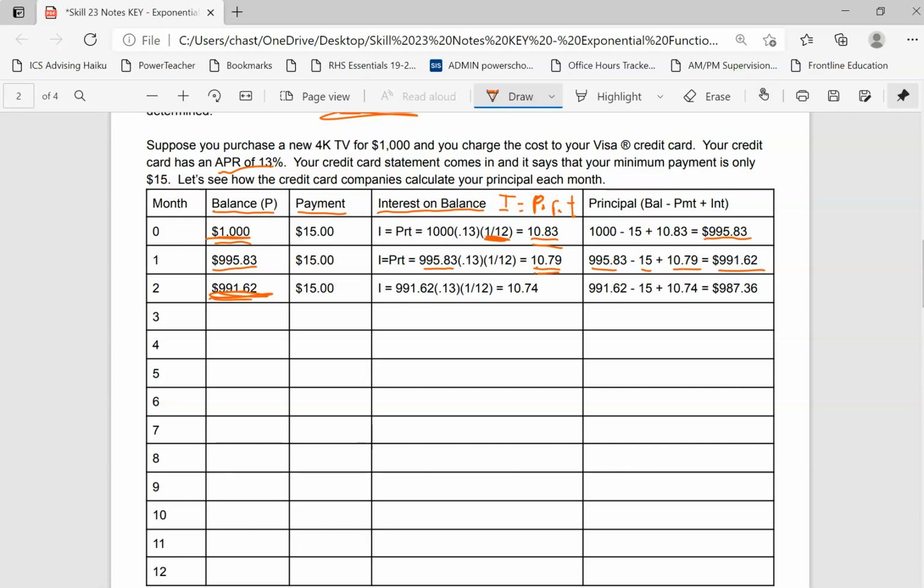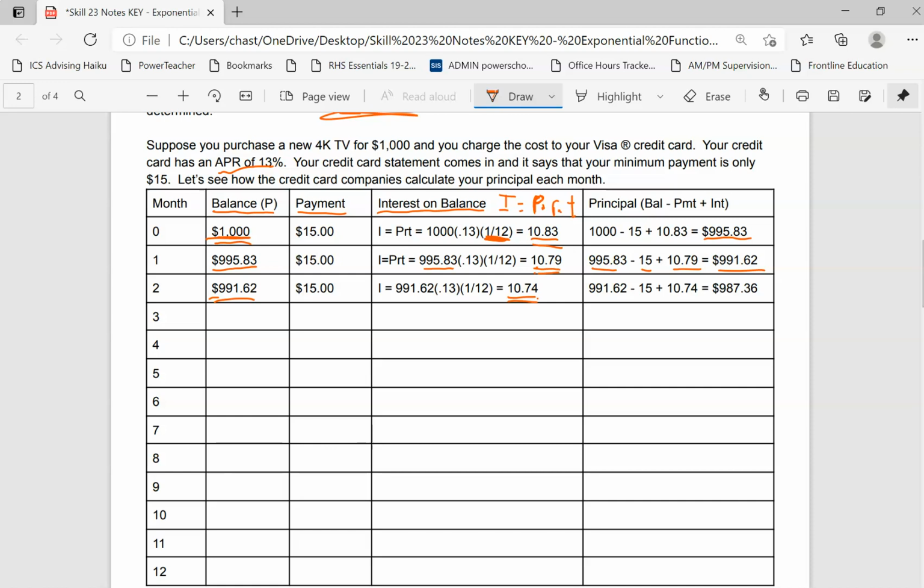So we have our amount, our balance, okay? And we're going to do the same process. Notice this time our interest on the balance is a little bit lower because our balance is a little bit lower. By the way, this also assumes that you are not charging new things to your card. So keep that in mind.